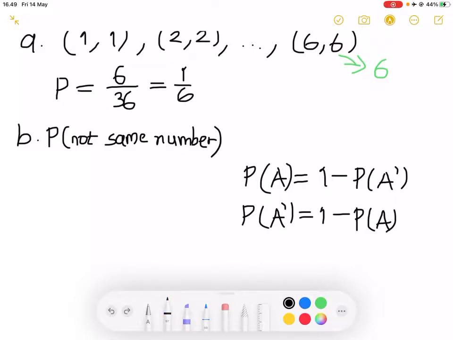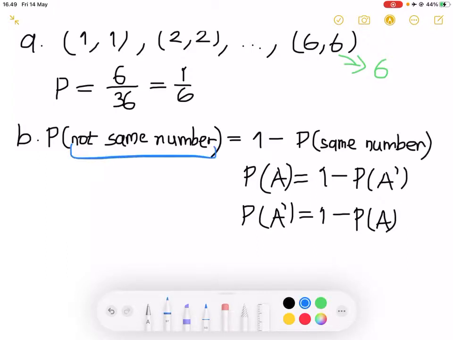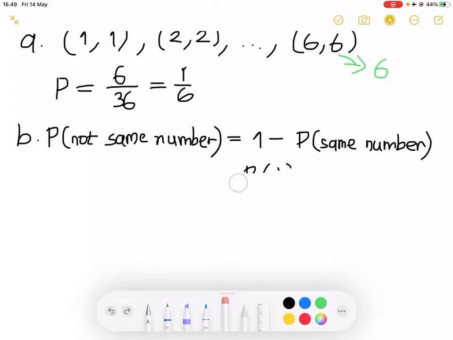Alright, so let's just use that. So it will be 1 minus the probability that it shows the same number. So that's the complement of this event right here. That will be 1 minus 1 over 6, or 5 over 6.